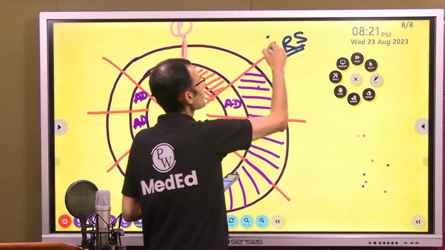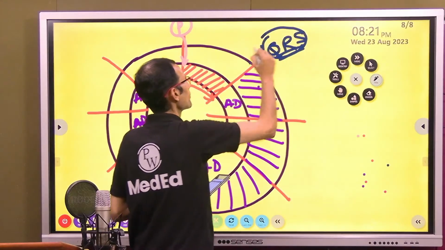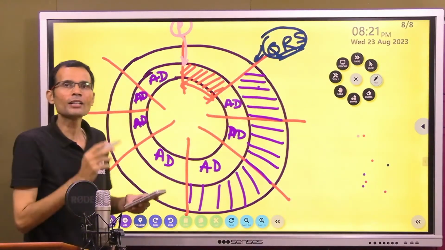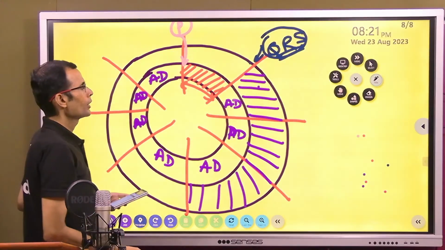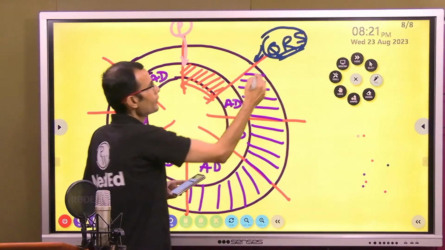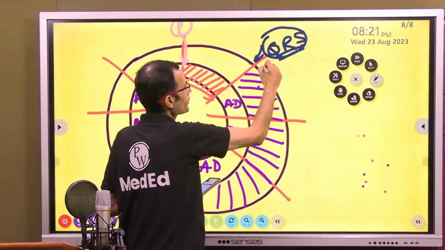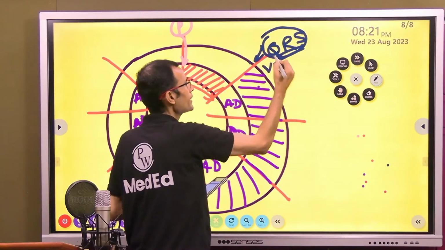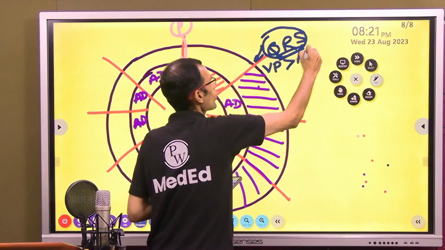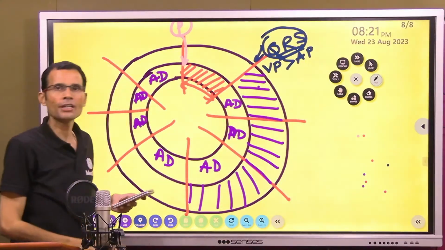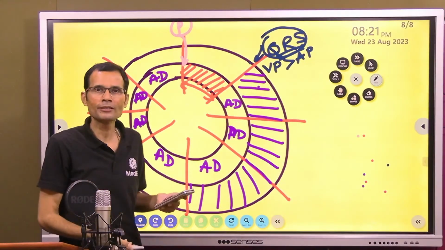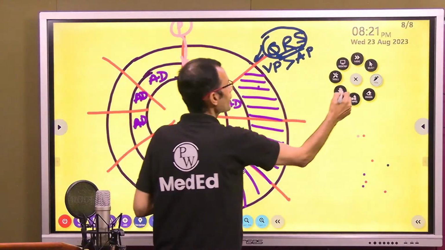So I'm writing the QRS complex over here, followed by the ventricular systole. Now first thing, as the systole starts, ventricular pressure rises and it immediately becomes more than the atrial pressure. So what happens? AV valves close.